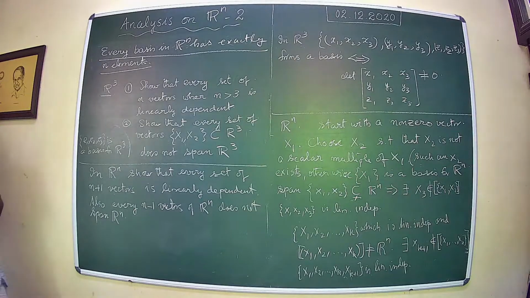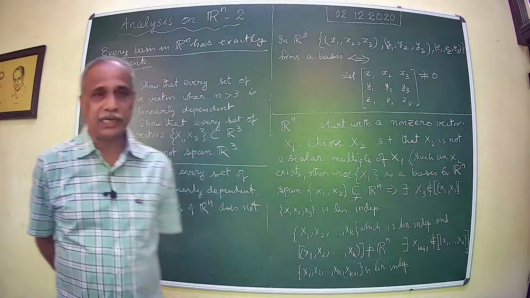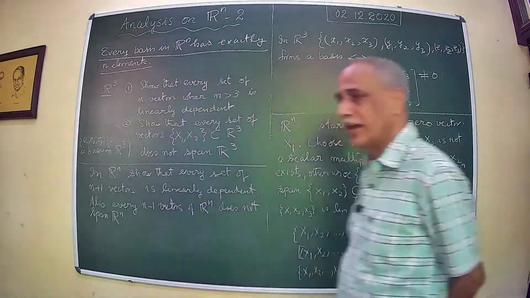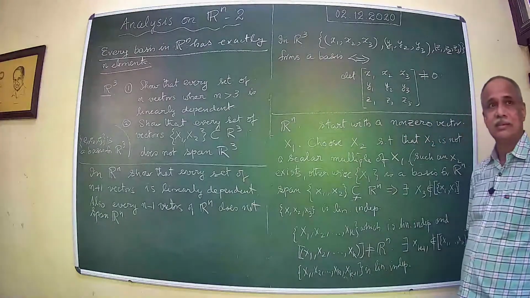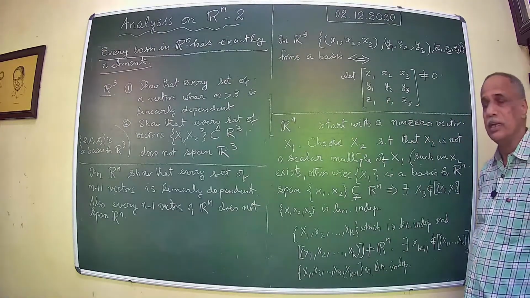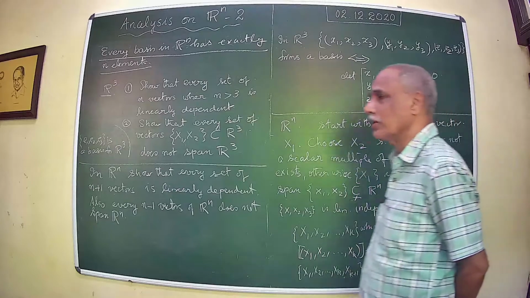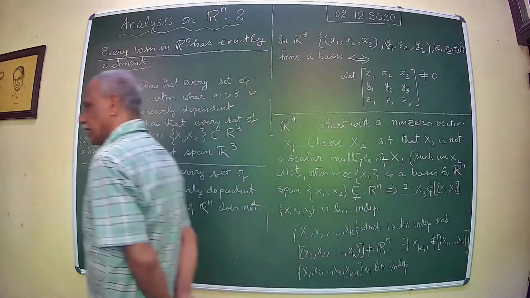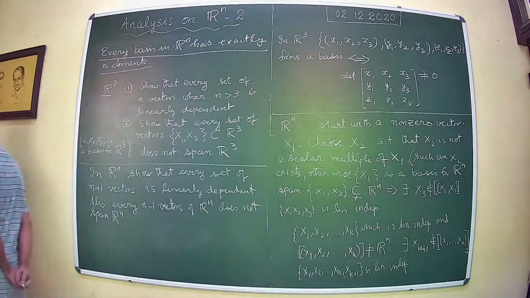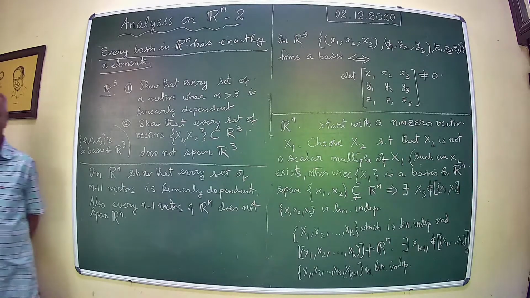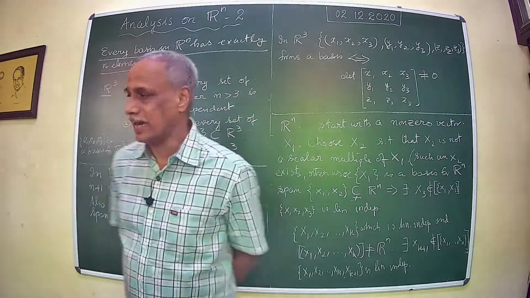So it cannot be a basis. No subset having n plus 1 elements can be a linearly independent set. Therefore, that also cannot be a basis. Therefore, every basis will consist of exactly n elements.